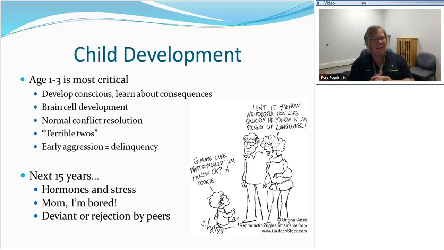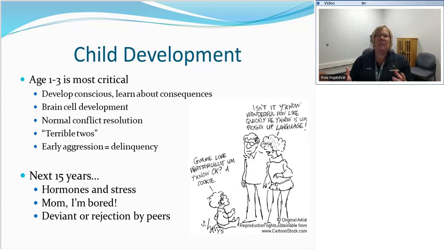I would also say there's this thing called the treacherous 3s, but we can't excuse how we respond to some of the conflicts and issues they're having in the terrible 2s and sometimes into the 3s. It's teaching them about consequences and conflict resolution. And so it's a really important time and isn't something that should just be excused.